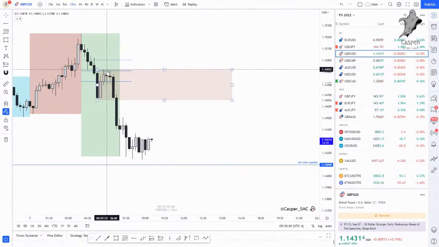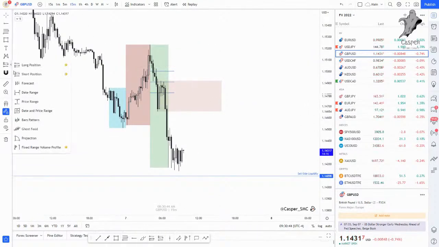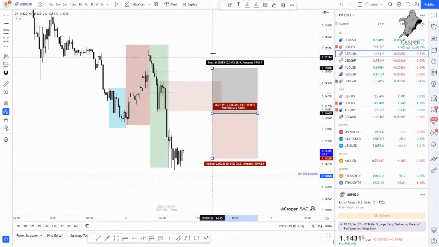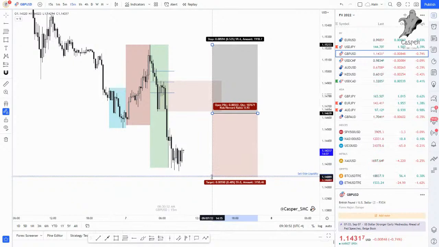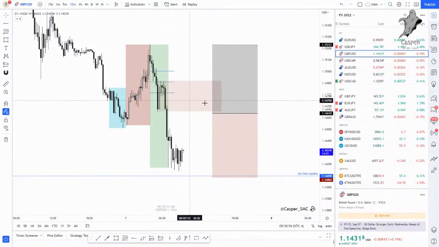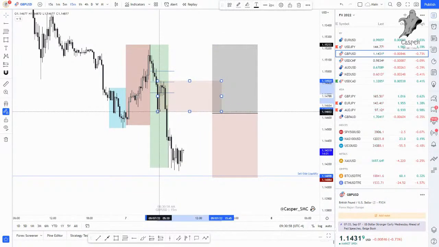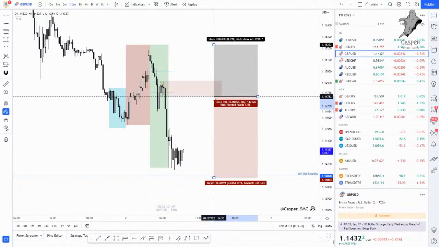Ideally, I'd like to see this liquidity ran, but usually I would just set a limit, for instance, and just set a limit there with stops up here and then target this, but the risk to reward isn't the greatest there. The only way that would work is maybe if we moved this up and set a limit there. But to be honest, the risk reward there still isn't that great.